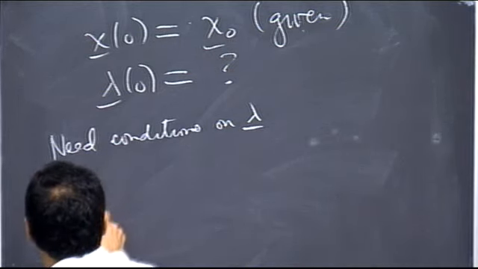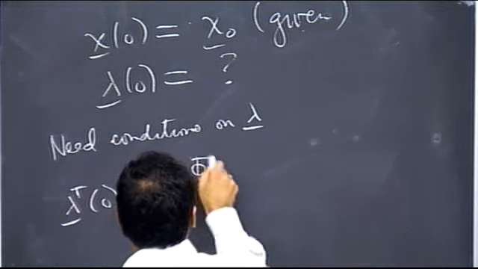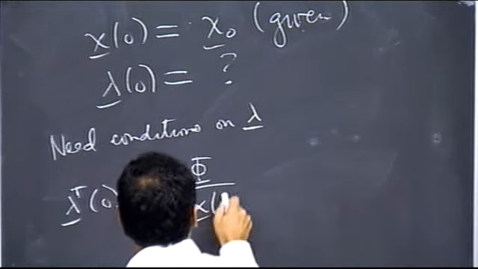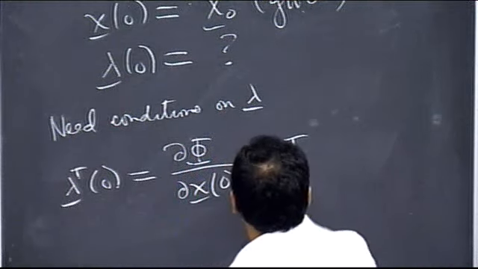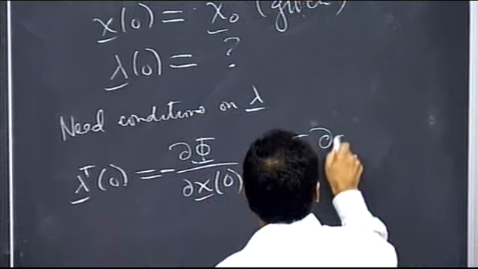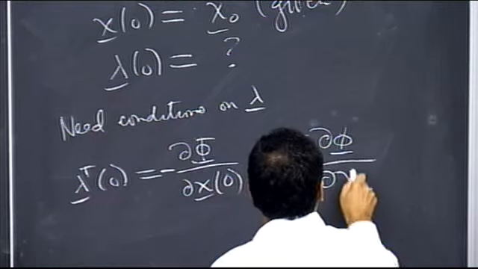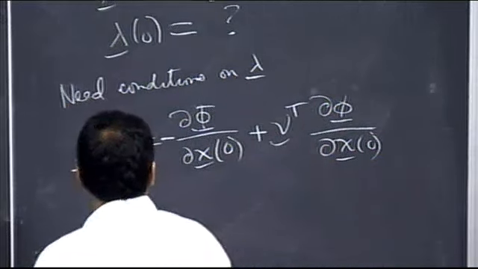Lambda transpose at 0 is equal to what? It's equal to the partial of phi with respect to x at 0 minus nu transpose, there's a minus sign here, times the partial of little phi with respect to x at 0. So what's phi?